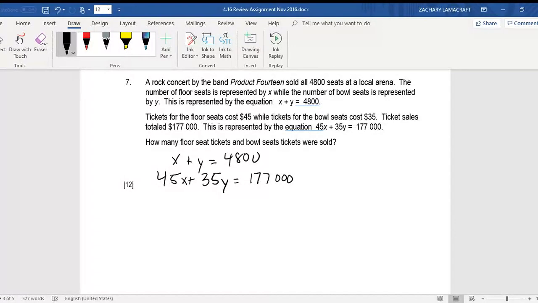So in this case, we want to do elimination, but like our thing we did in class today, we're going to have to multiply that first one by an amount to get something to eliminate.